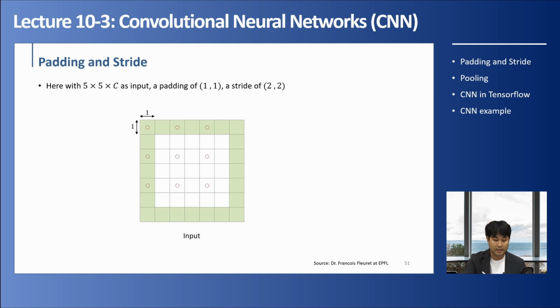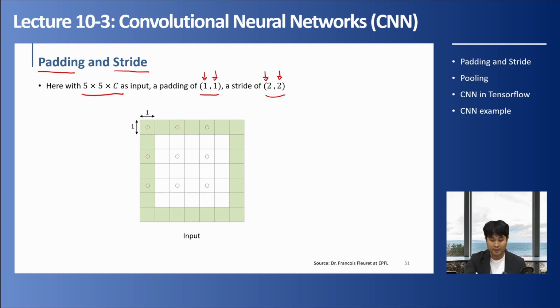So taking a closer look at the relationship between padding and stride, let's consider this example over here, where we have an input with the following shape, 5 by 5 by C, a padding of 1 by 1, and a stride of 2 by 2. Each of these numbers corresponds to the value of padding and stride with respect to the horizontal and vertical axes.